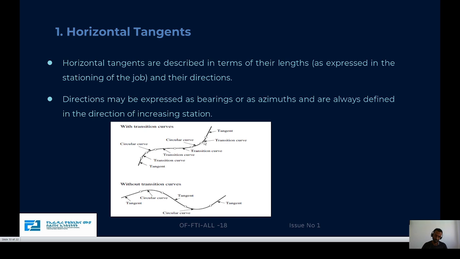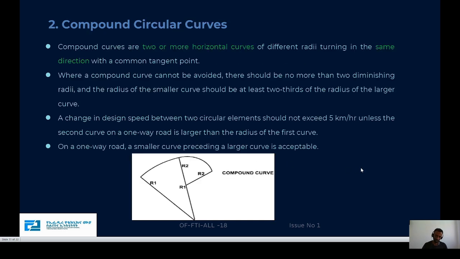And also there are compound circular curves. So this one is two horizontal curves combined with different radii and in the same direction. So this one is a compound curve.